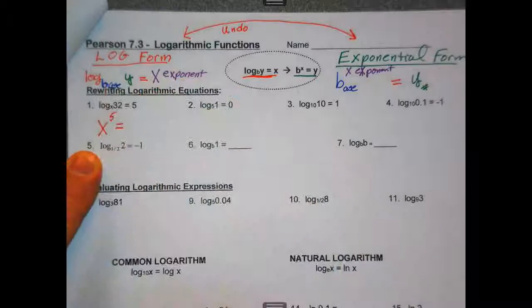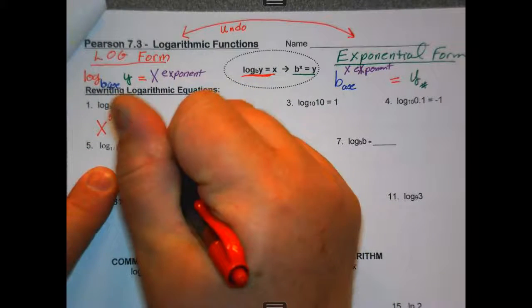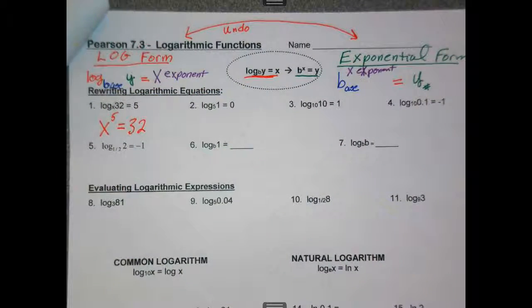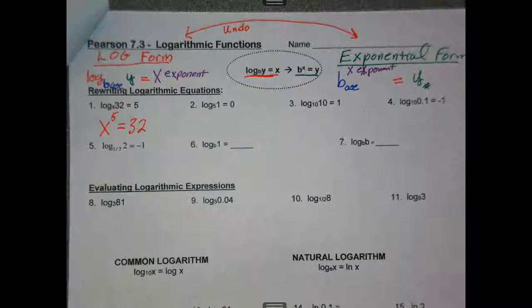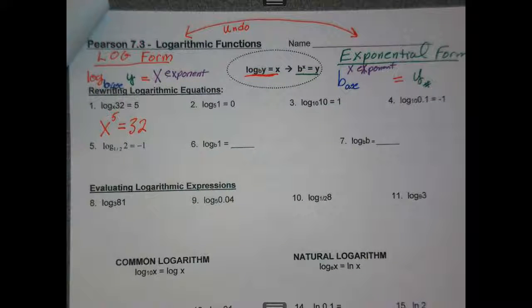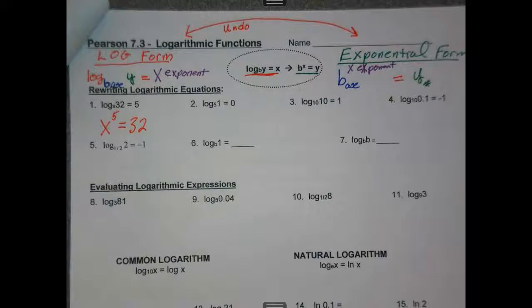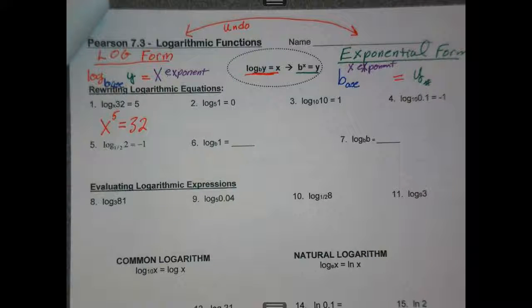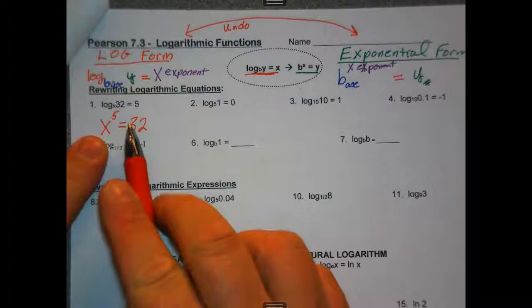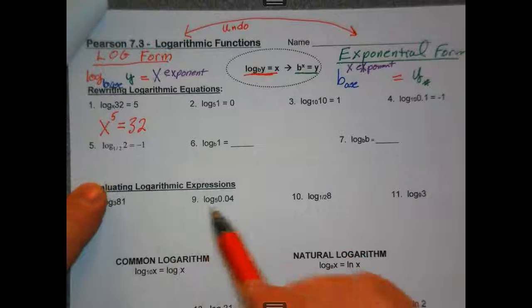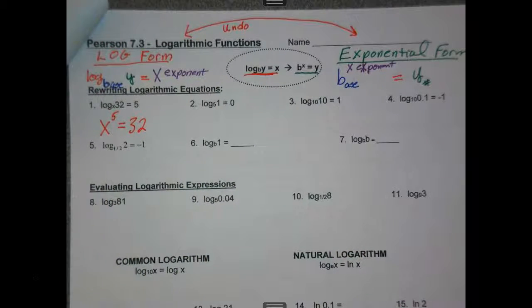What's that equal? 32. That's my solution or number, right? Y. Now, does anybody happen to know what x is? 2, right? 2 to the 5th is 32. That's important because in this next section, we're going to actually have to figure that out, okay?